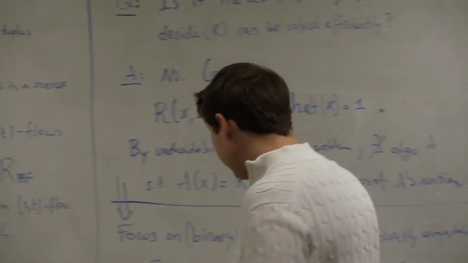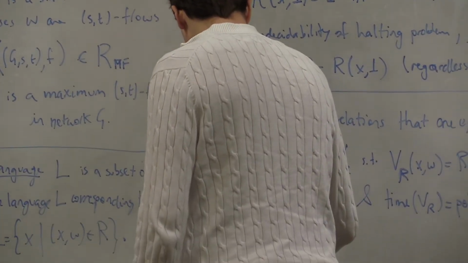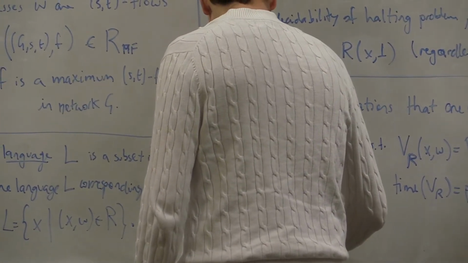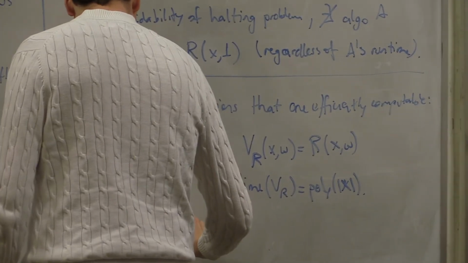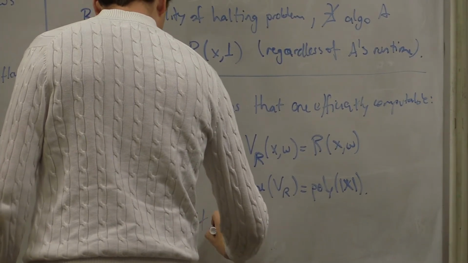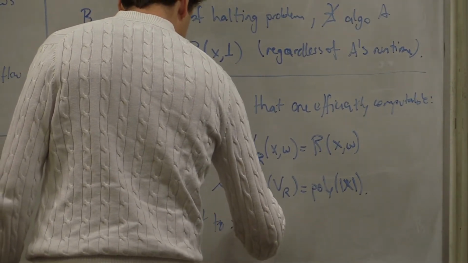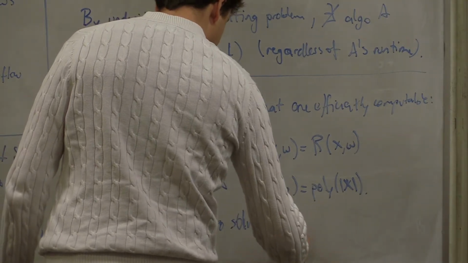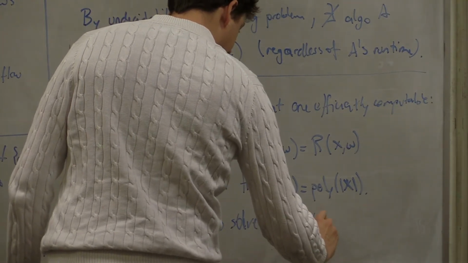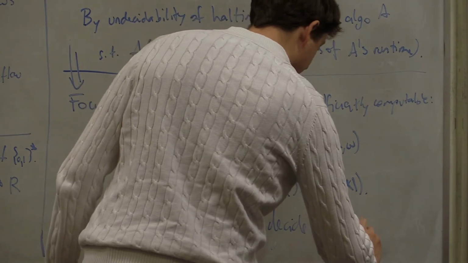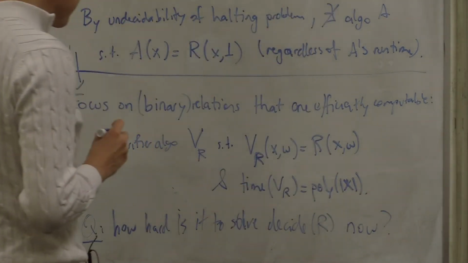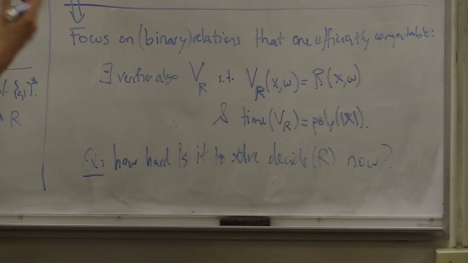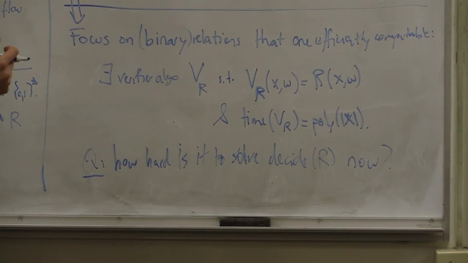So let me ask the question now: how hard is it to solve the decision problem for R with this assumption? Is it the case, for example, that we can always decide R efficiently?